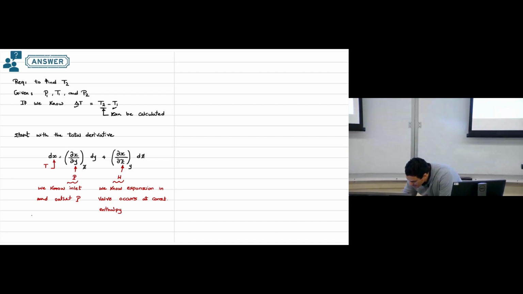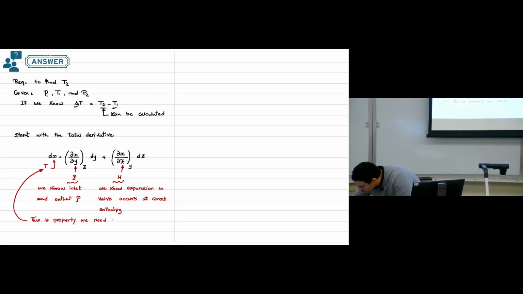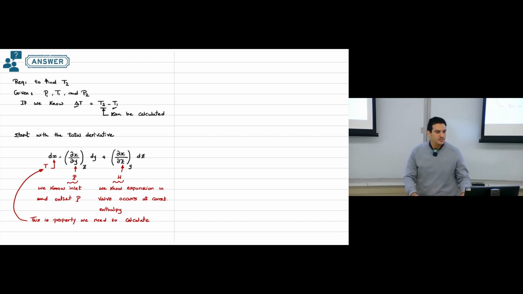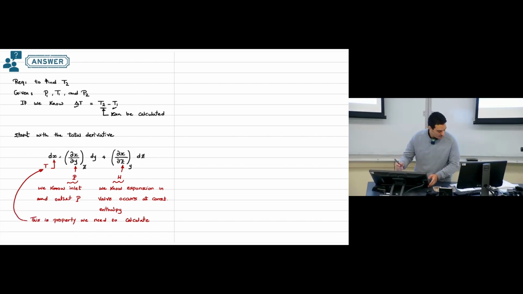And for X, we selected temperature because this is the property we need to calculate. Is the logic clear in this one? Okay. So now let's put all the pieces we have here.